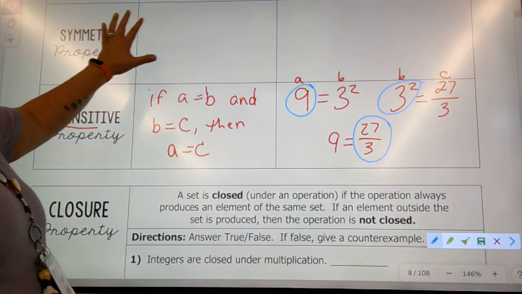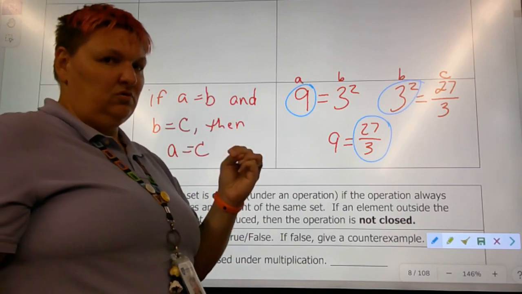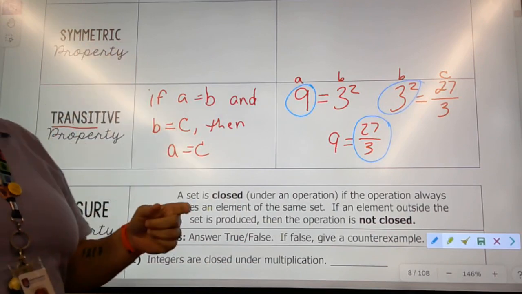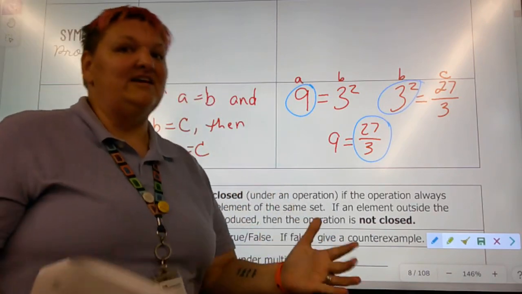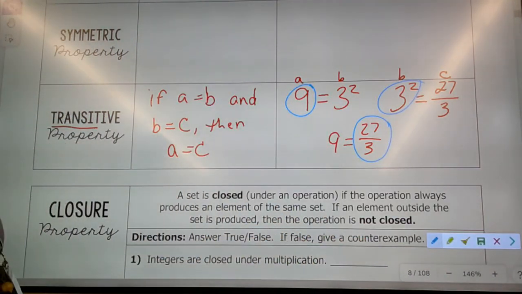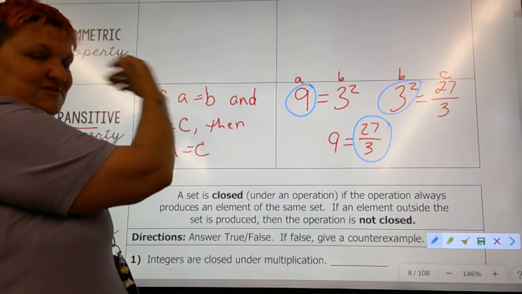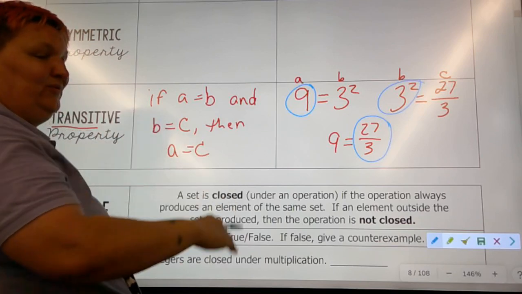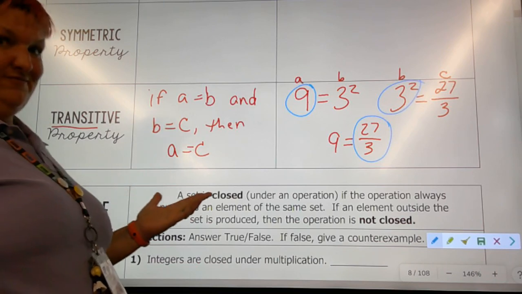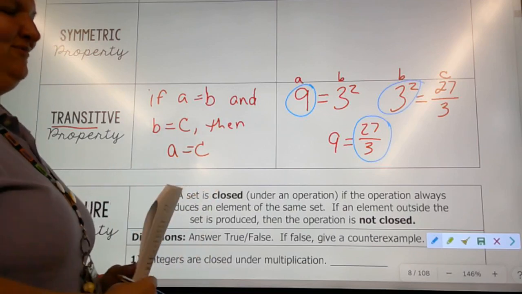Symmetric property says 2 terms that are equivalent or equal, but look different. And then reflexive property says they have to look identical. They have to be a reflection of each other. We'll play with this one a little bit in class because I think the idea that we can create something like 50 different ways of writing the same value might be fun.